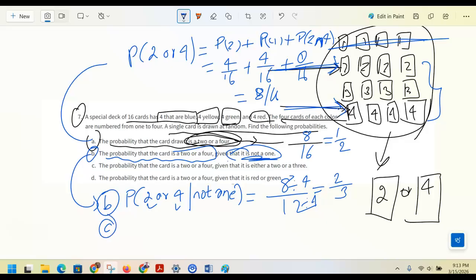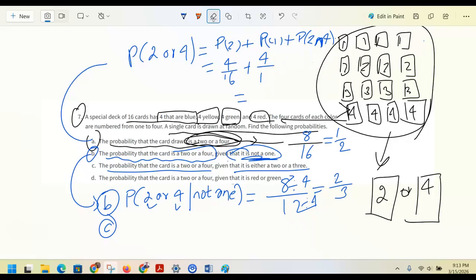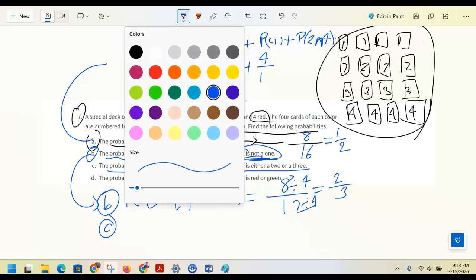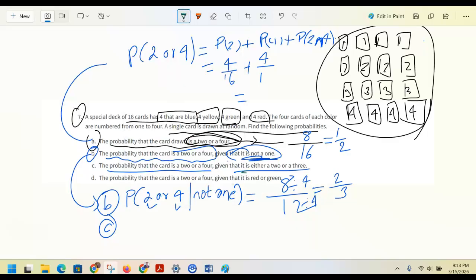And C is 2 or 4, and it is told that the card is either 2 or 3. Let me take this off. It is given to us that the card is 2 or 3. That means the card that you have drawn is either 2 or 3.